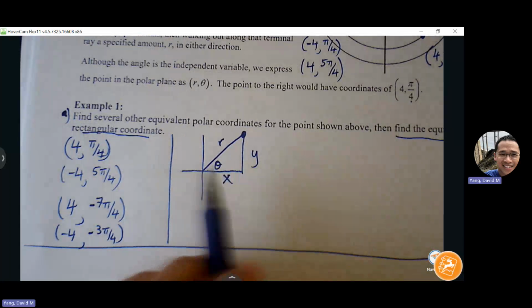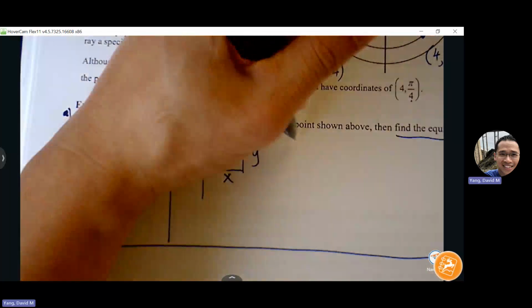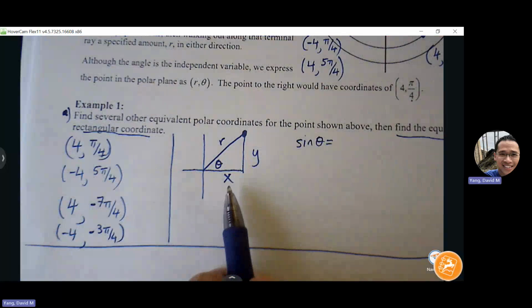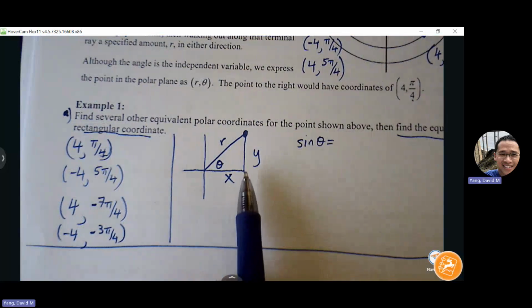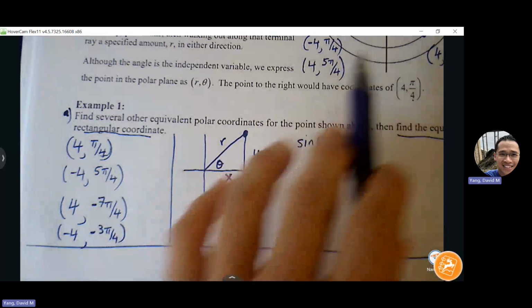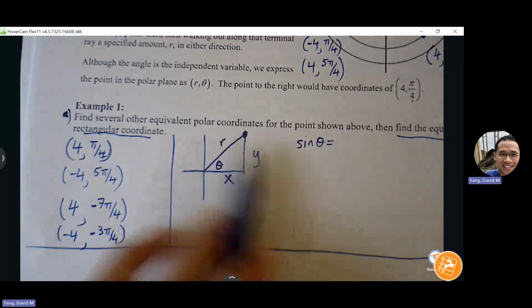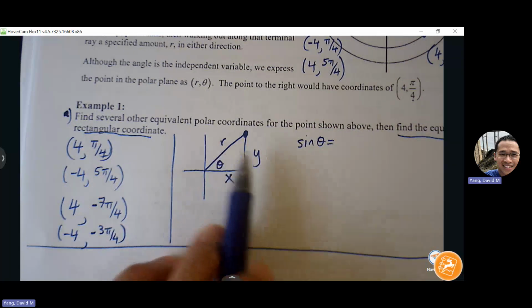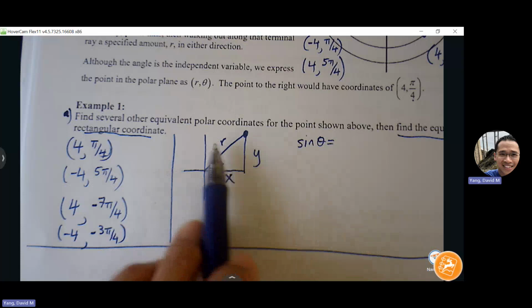Okay, so let me ask you this: what is sine of theta equal to for this triangle? Sorry, my bad. Not this problem here. Yeah, in terms of this, the formula here. So yes, opposite over hypotenuse.